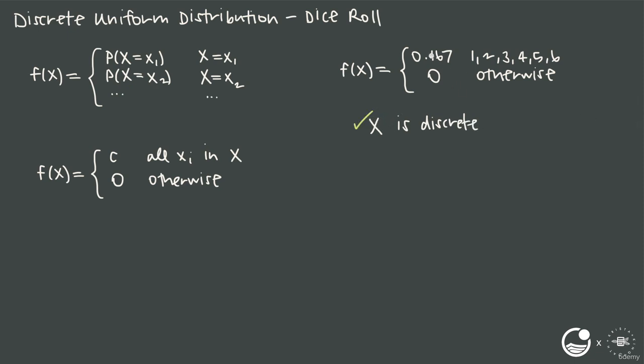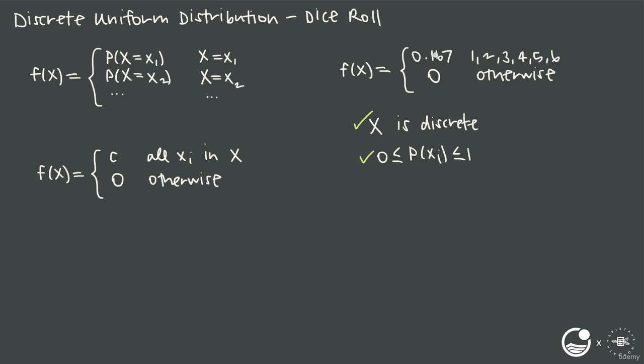The second criterion is that the probability of each of those values is between 0 and 1, and therefore by definition none of those values are negative. We can see that's the case. This 0.167 value is between 0 and 1, and it's not negative. So all of the p of x sub i values are between 0 and 1, and we meet that criterion.